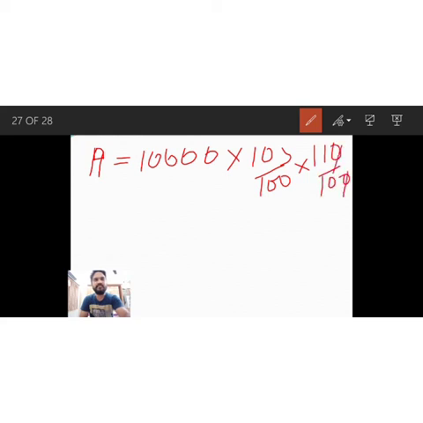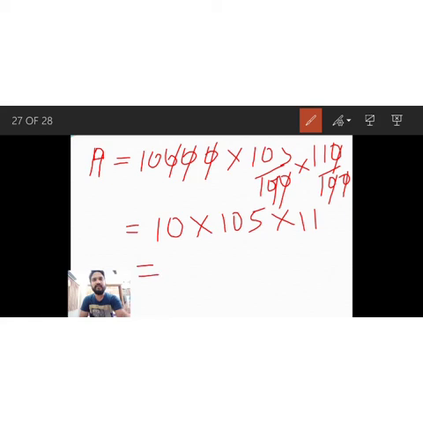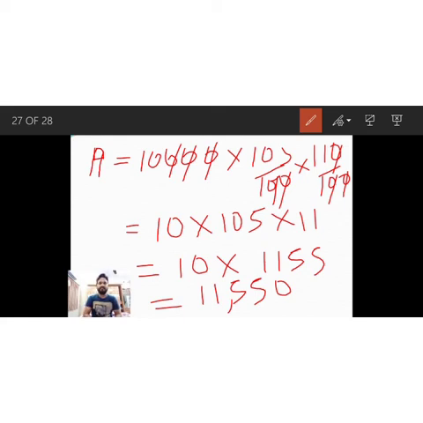Now the two zeros are cut, and the two zeros are cut. Now what we have is 10 into 105 into 11. Now we just multiply. 105 multiplied by 11 is 1155. Then multiplied by 10 is 11,550. So our amount is 11,550.